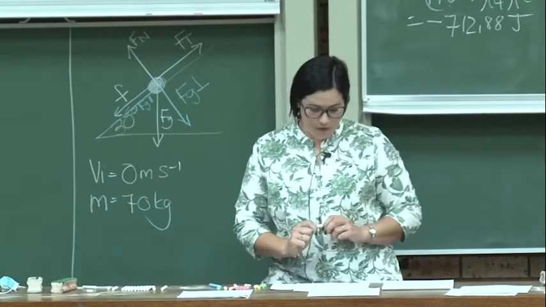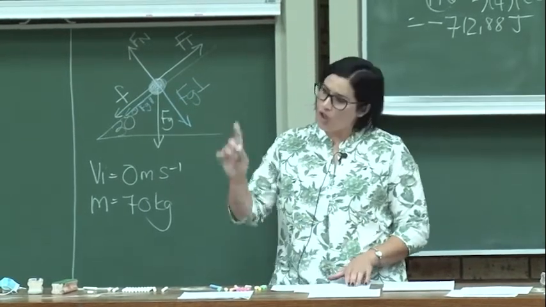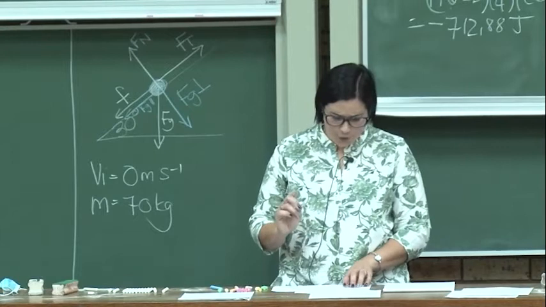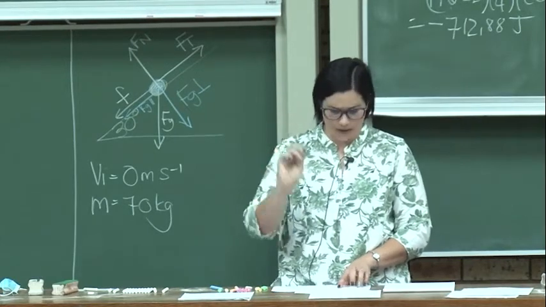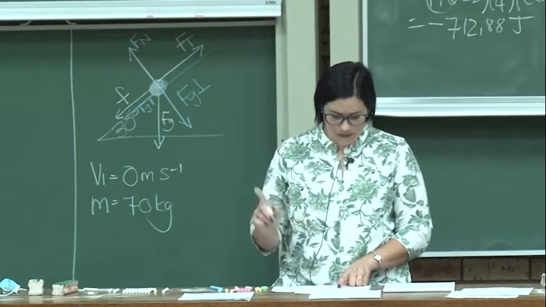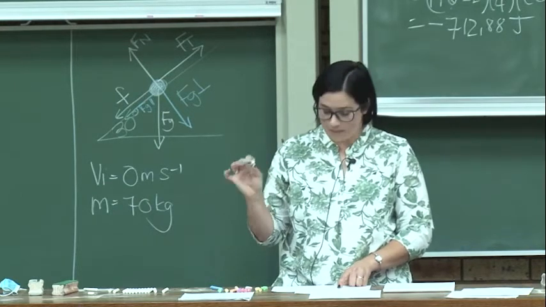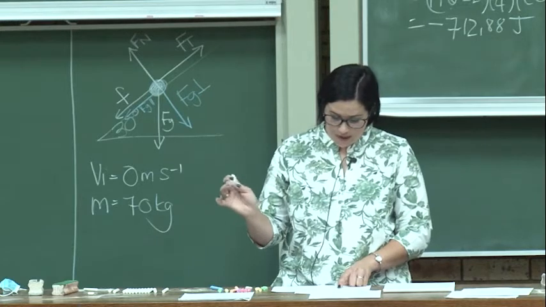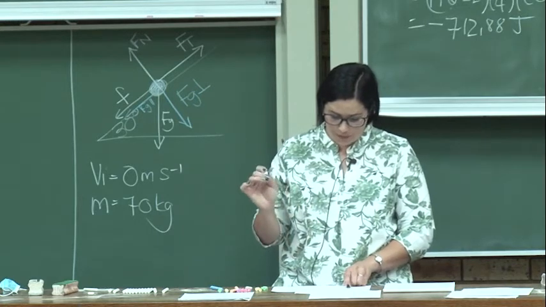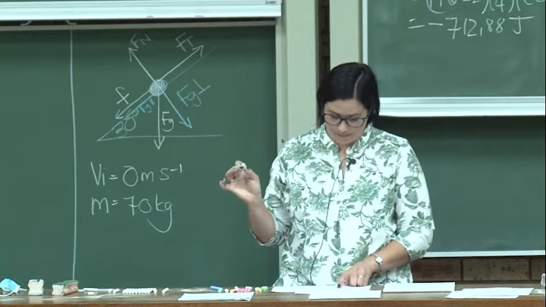Now, question 15.6. When the box is 4 meters up the incline, the rope accidentally breaks, causing the box to slide back down to the bottom of the inclined plane.